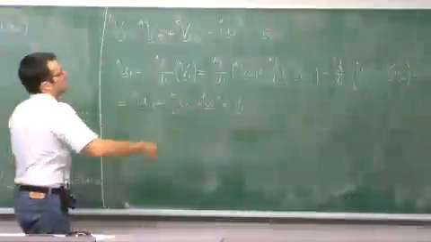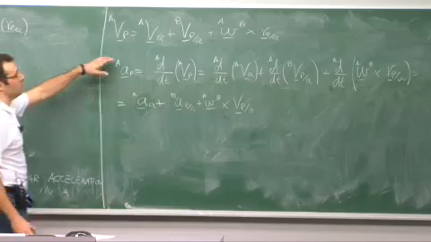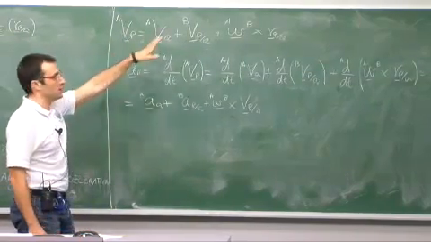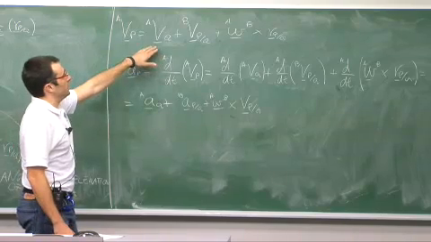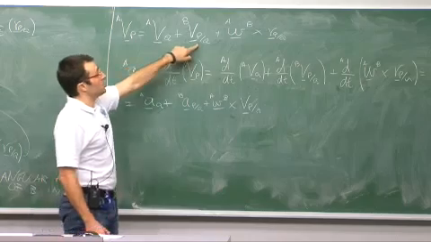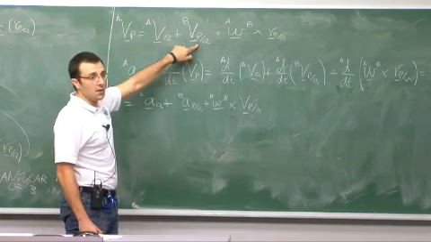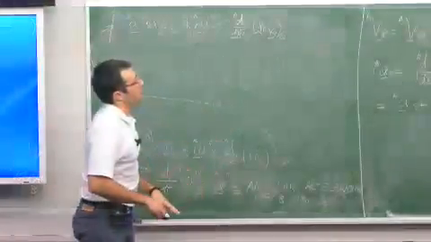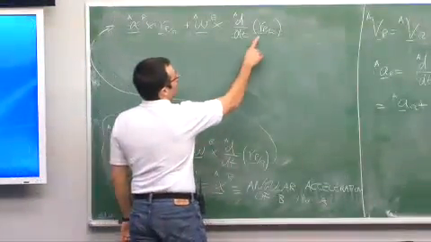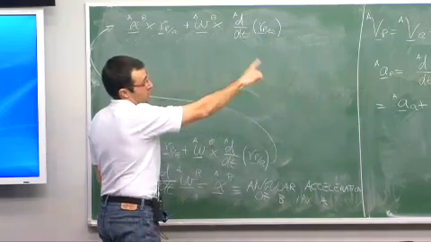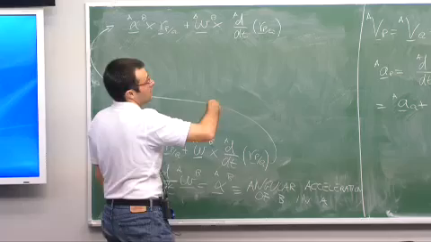You should remember where this is coming from. Rp was Rq plus Rp with respect to Q. All I've done is taken the rate of change of all that, and the rate of change in A of Rq gave me this first term. The rate of change of P with respect to Q in A gave me all this other thing. So that's exactly what I have right here. So d/dt in A of Rp with respect to Q is Vpq in B plus omega BA cross with Rpq.